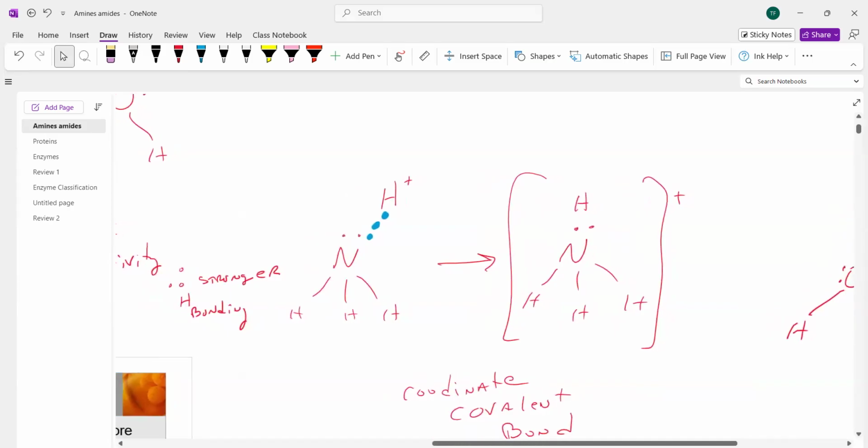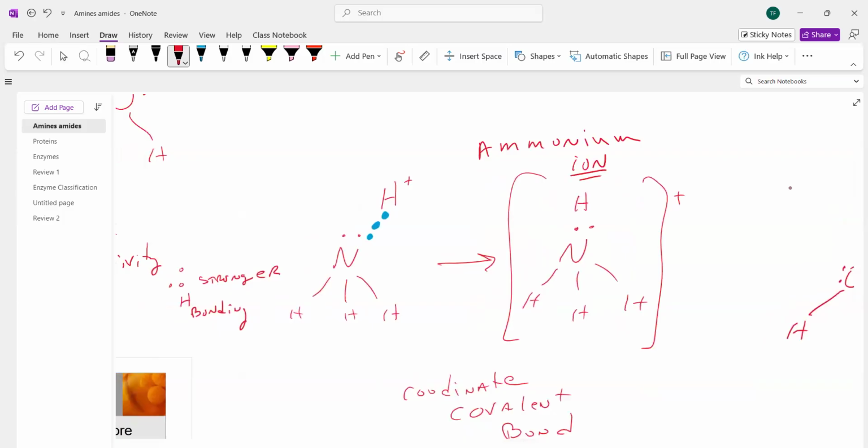And it forms an ion called ammonium ion. And this is what makes nitrogen compounds act like bases. It's because they can accept a proton or a hydrogen ion.